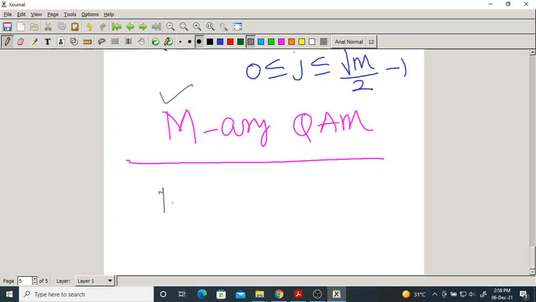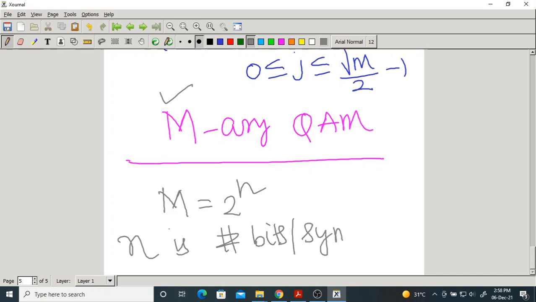You know already M equal to 2 power n. What is n? n is the number of bits per symbol.